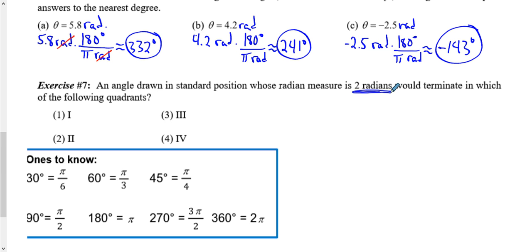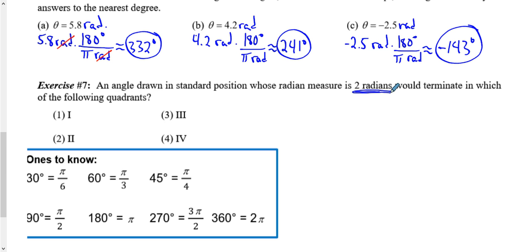Okay. So if it's 2 radians, and you know that pi radians is 180, like 3.14, would 2 radians be greater than or less than 180 degrees? This one says 2 radians.